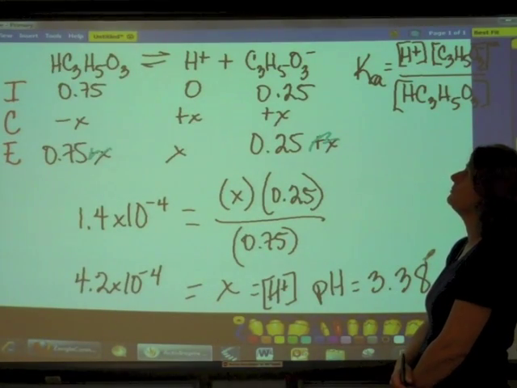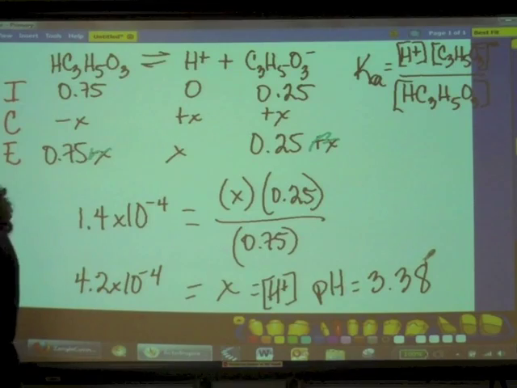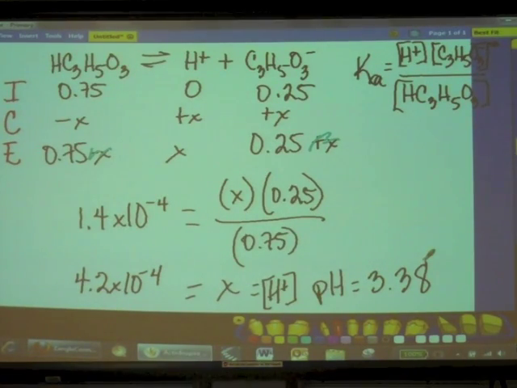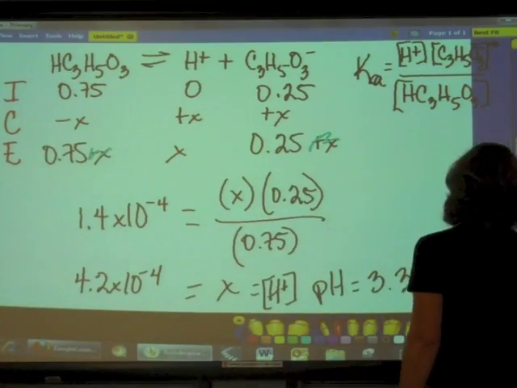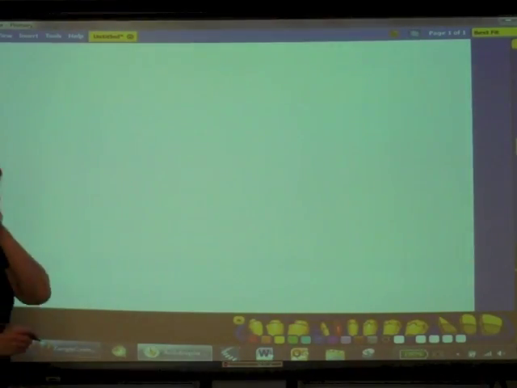Except, if you recognize something as being a buffer problem, you see the weak acid along with its conjugate base coming in as a salt, then there is a different equation that you can use to solve for this. And that is called the Henderson-Hasselbalch equation. And that equation looks like this.